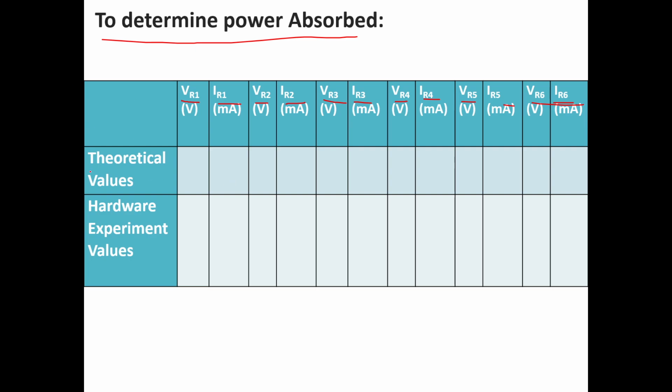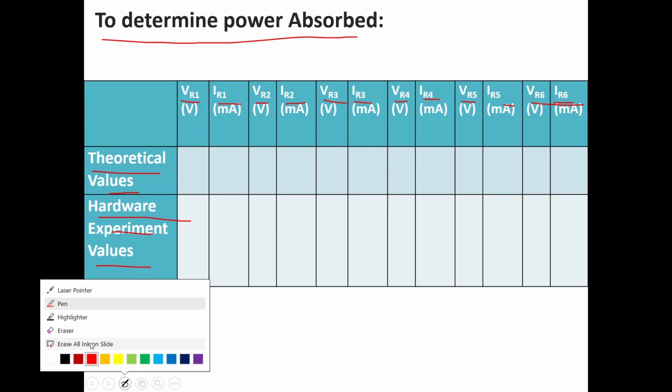You must tabulate the theoretical values in this tabular column. After doing the hardware experiment, you must note down all these values from the voltmeter and ammeter.